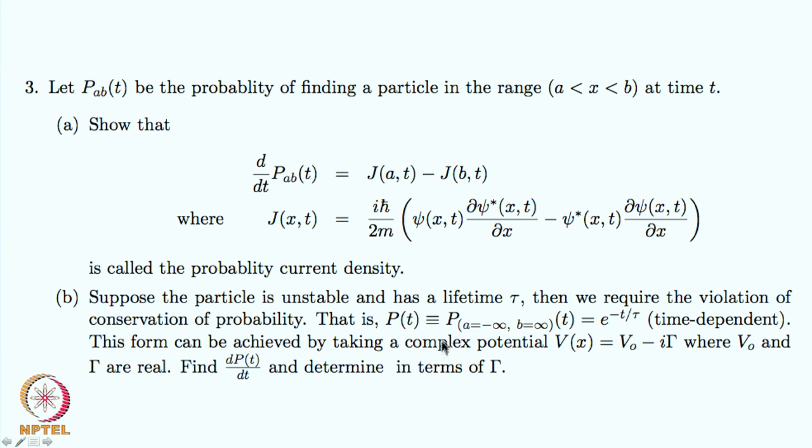In the second part, the potential is replaced by a complex potential V0 minus iΓ, where V0 and Γ are real quantities, and this potential is complex. So, how the probability will get modified, and what will be the rate of change of probability in terms of this capital Γ. So, let us get started.